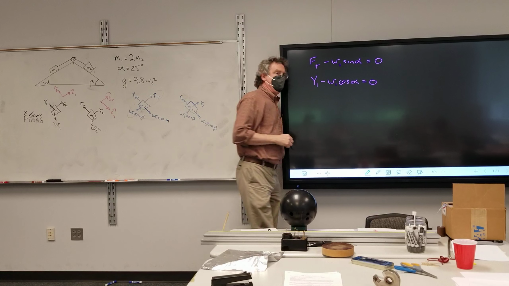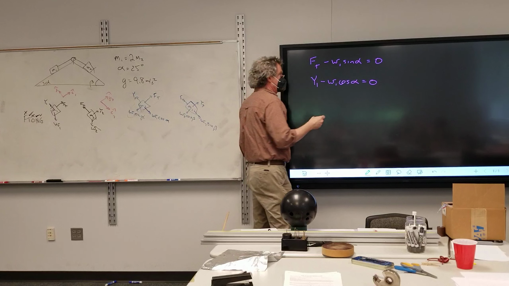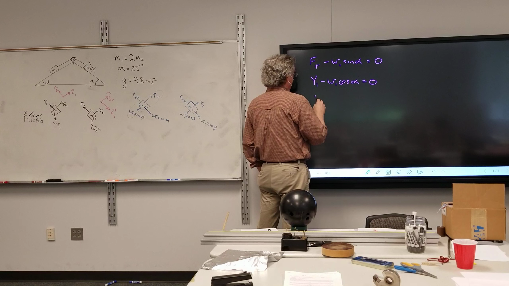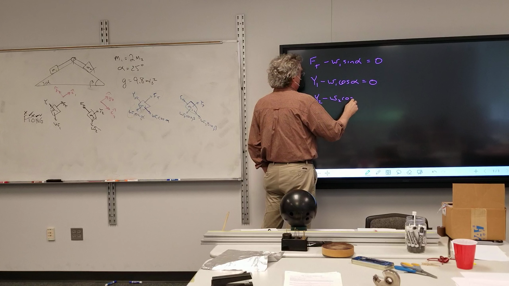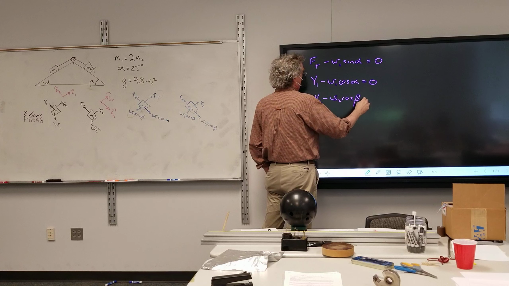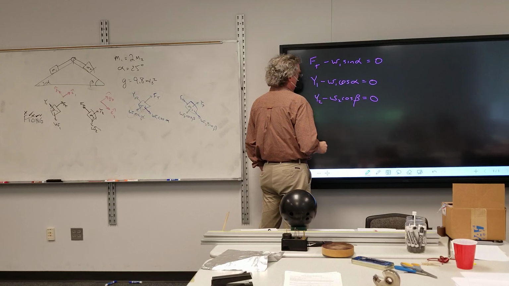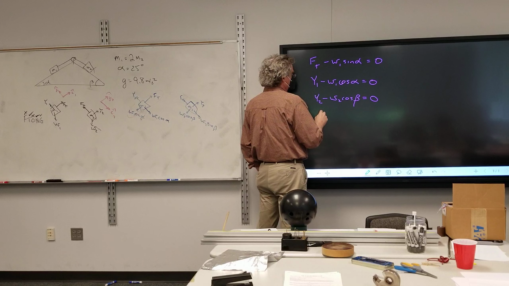Okay, 2 down, 2 to go. So the other one would be N2 minus W2 cosine beta equals mass times 0. And then the other one would be FT minus W2 sine beta.